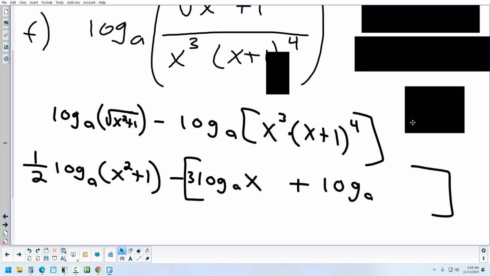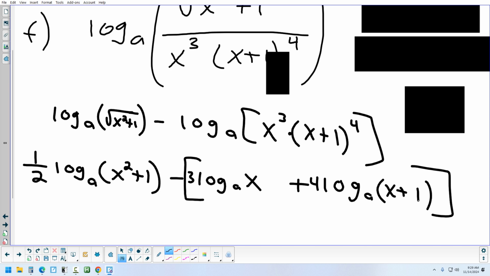Yeah, Kim? 4 log base A, and then x plus 1. And that's all you can do. There is no rule for splitting apart two things that are added in the argument. Only two things that are multiplied or divided. And you do need that minus outside of a bracket.